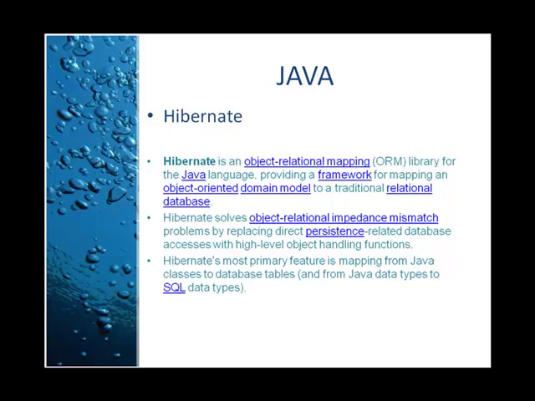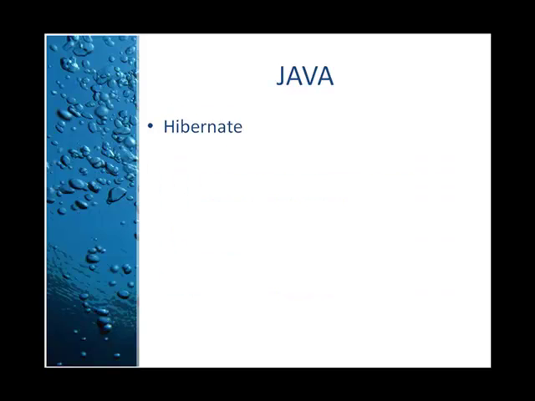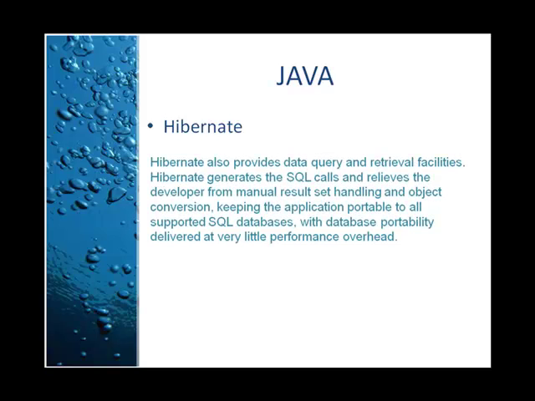Hibernate's most primary feature is mapping from Java classes to database tables, and from Java data types to SQL data types. Hibernate also provides data query and retrieval facilities.